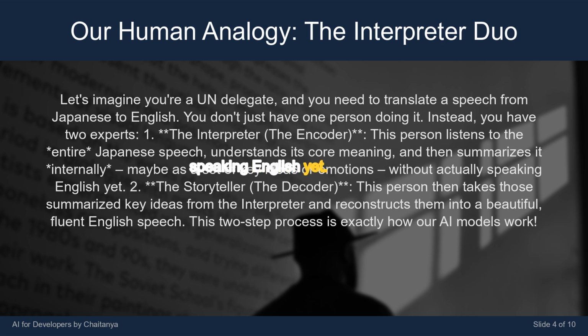Two, the storyteller, the decoder. This person then takes those summarized key ideas from the interpreter and reconstructs them into a beautiful, fluent English speech. This two-step process is exactly how our AI models work.